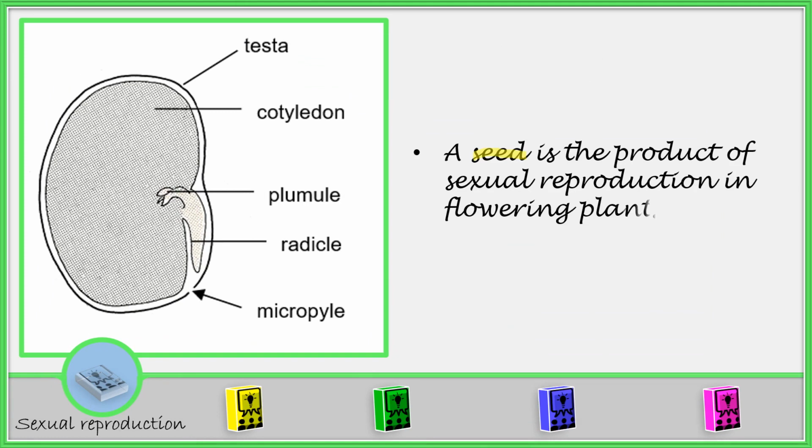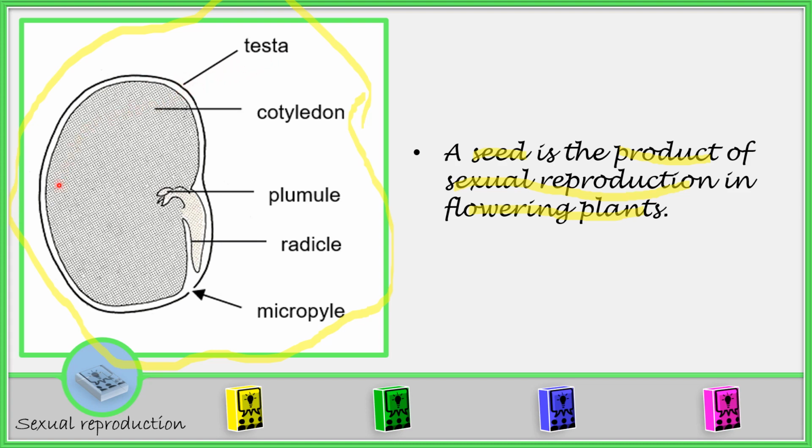A seed is the product of sexual reproduction in flowering plants. So our seed here is a product of sexual reproduction in a flowering plant. Here we have our seed, and it has an outer cover, which is the tester.